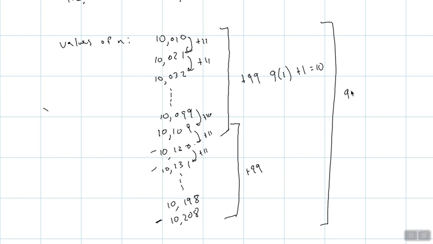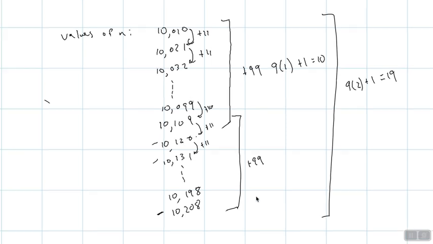So it's 9 times 2 plus 1. And that plus 1 represents the 10,010. So every time we add 99, we get 9 more values of n such that q plus r is divisible by 11. So that's 19.